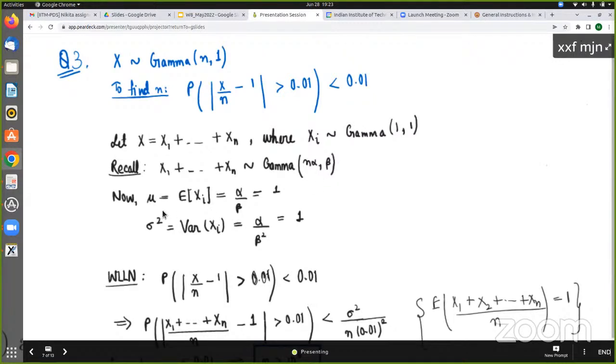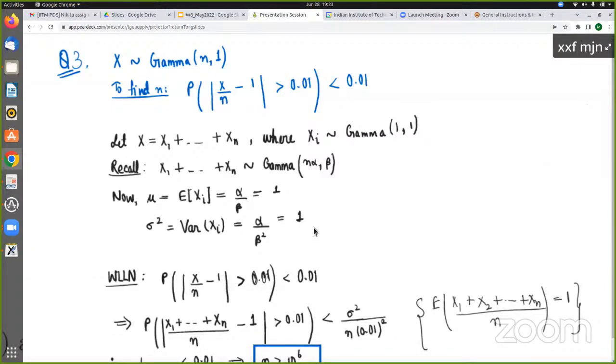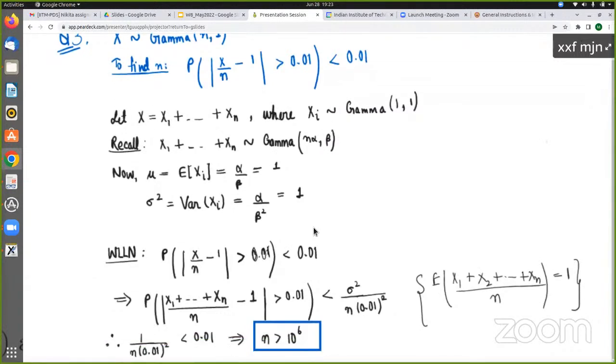So what is the expectation of each Xi here? It is alpha by beta, which is 1 by 1, because each Yi here is Gamma(1, 1). So the expectation of each Xi or each Yi is 1 upon 1, equal to 1, and the variance of each Xi is 1 upon 1 square, which is again 1. This is okay?